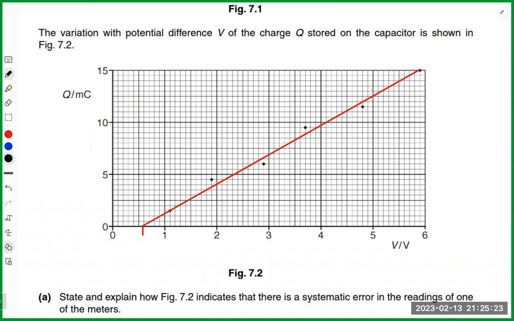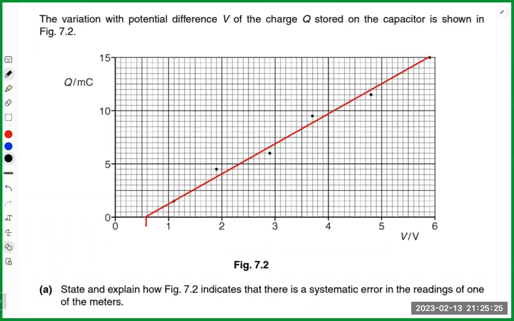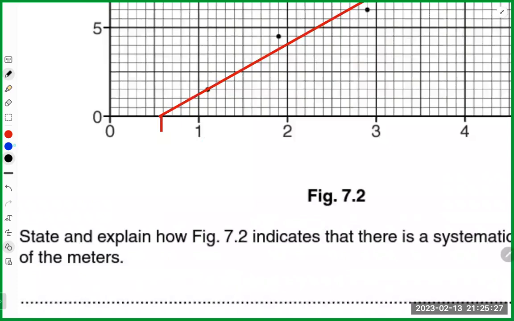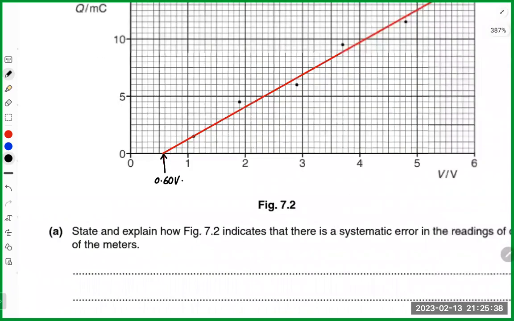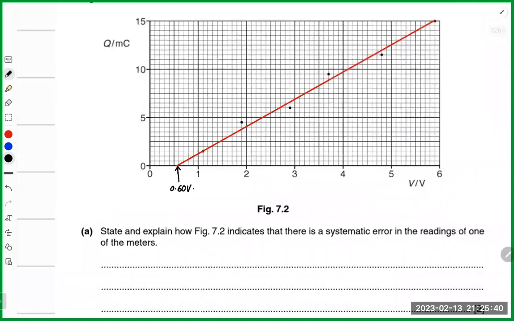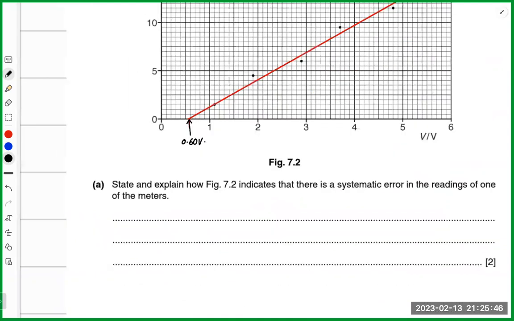Now, this is where the line intersects the x-axis. So it is 0.60 volt. Actually, when there is no charge, potential difference should be zero, but it is not.